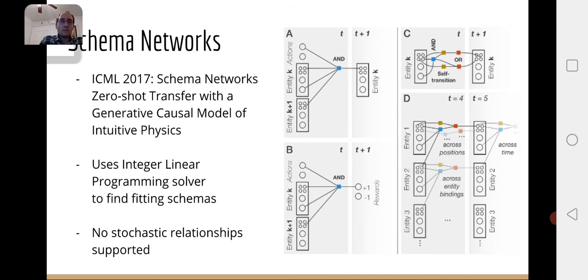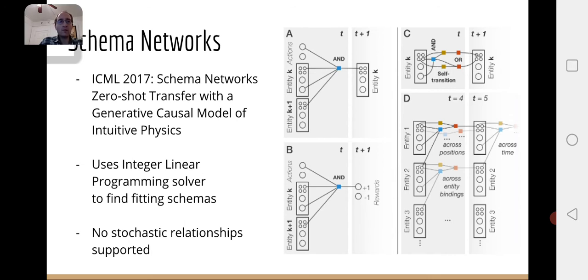Interestingly, schemas have recently been used in an interesting machine learning paper in ICML 2017, which is Schema Networks: Zero-shot Transfer with a Generative Causal Model of Intuitive Physics.